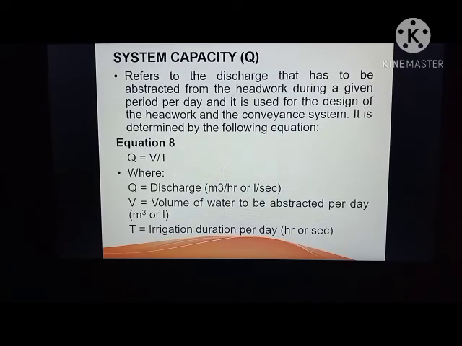System capacity refers to the discharge that has to be abstracted from the headwork during a given period per day, and it is used for the design of headwork and the conveyance system. It is determined by the following equation.